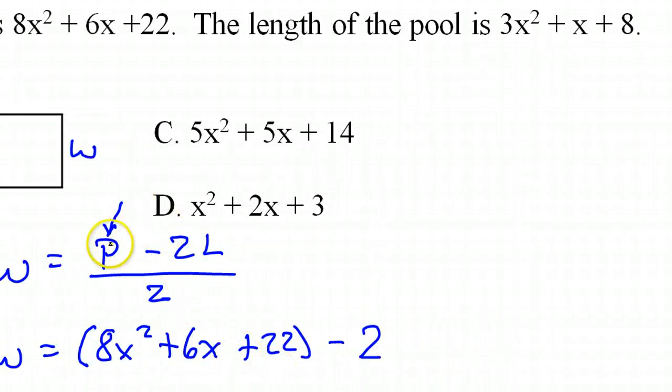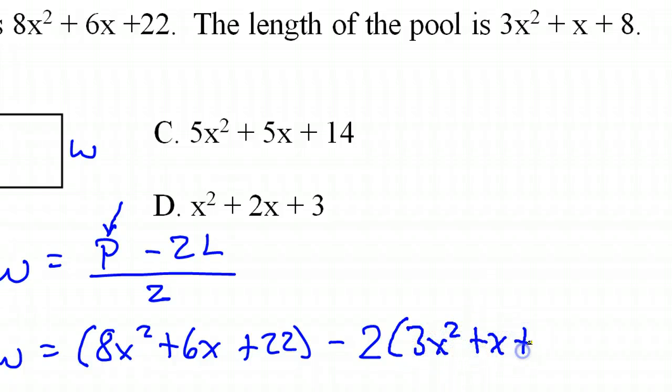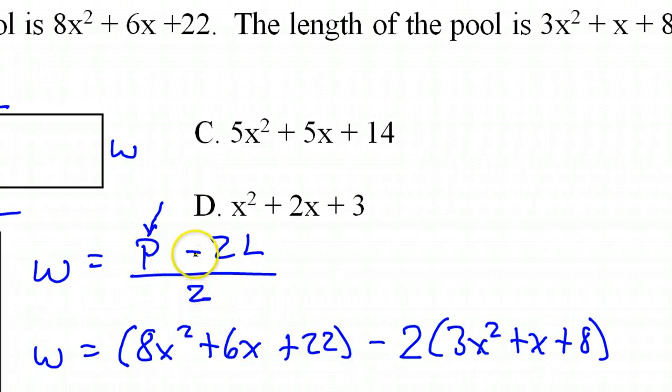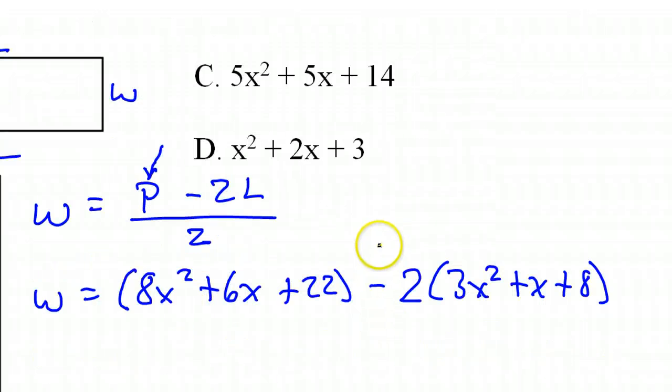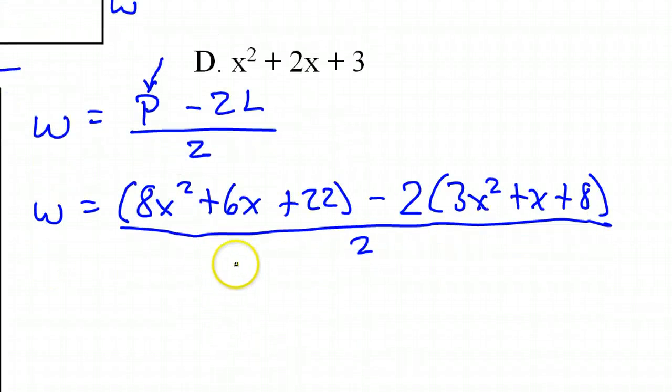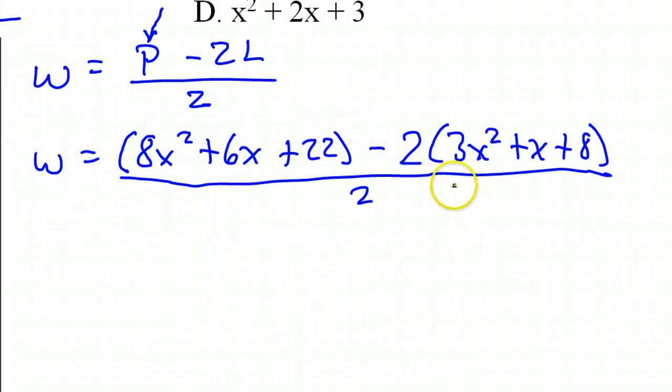Notice anytime I substitute for a variable, I use parentheses. So the length is 3x squared plus x plus 8. So you see I'm doing perimeter minus 2 times the length, so you use parentheses. Now all of this is eventually going to be divided by 2, because that's what we found. So all we really have to do is simplify this, and we're golden.